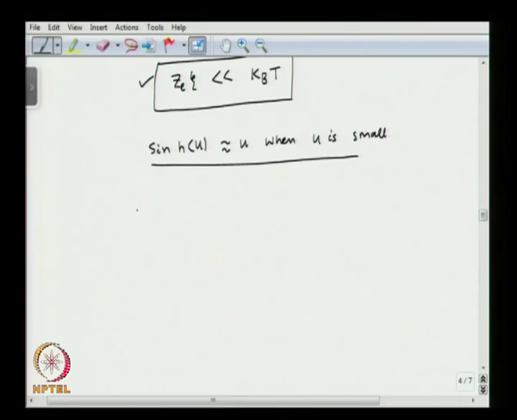We can write that del square phi r will be equal to 2 JD square C0 divided by epsilon into phi r divided by kBT.